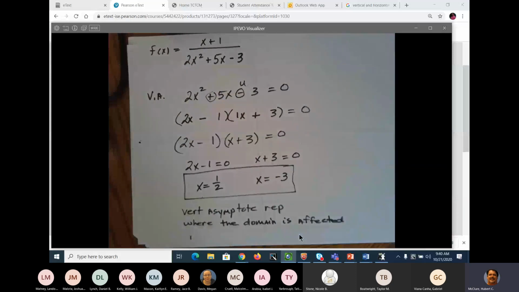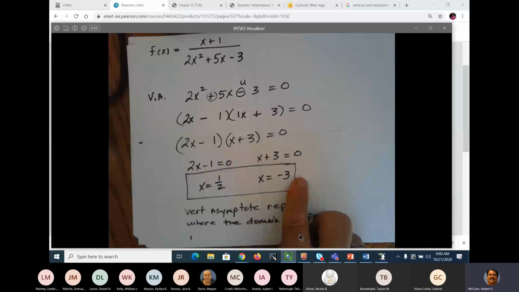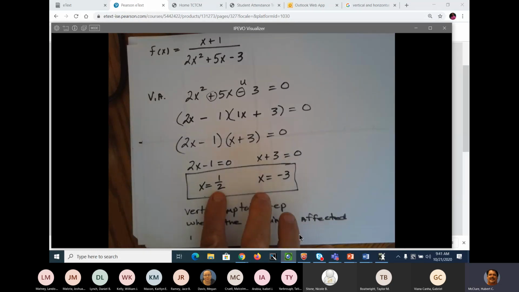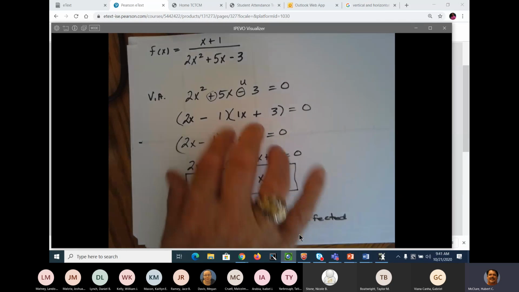What's going to happen when I plug 1/2 or -3 into this function? What's going to happen? Nobody knows?